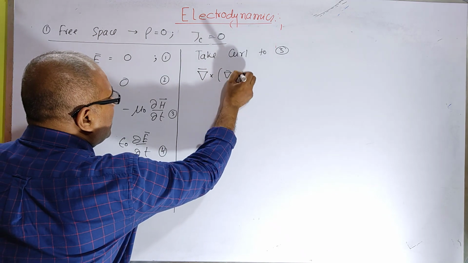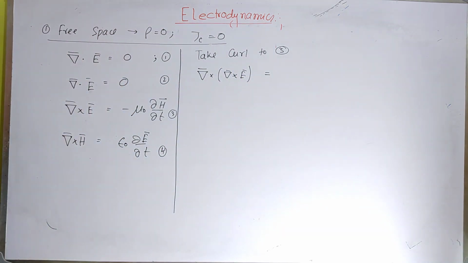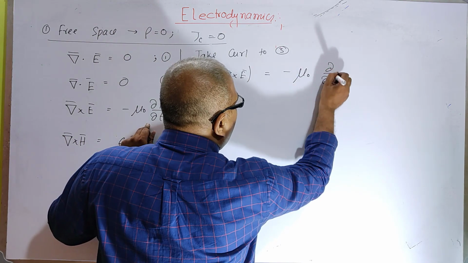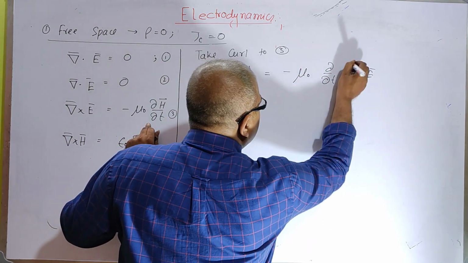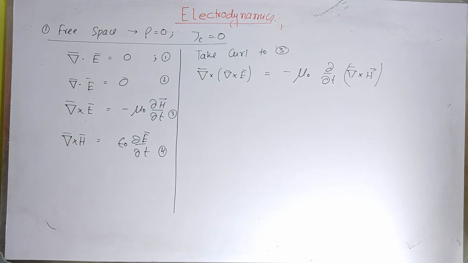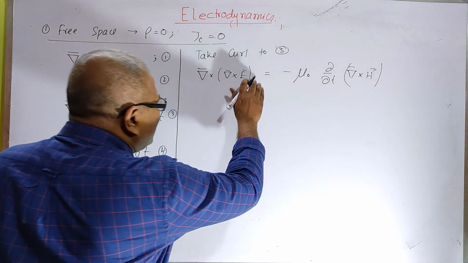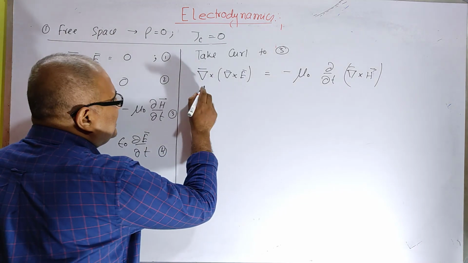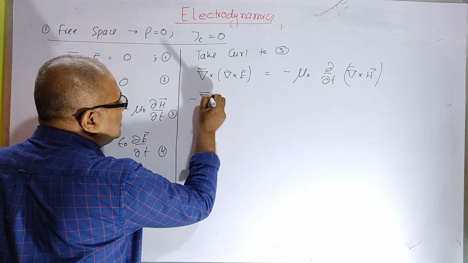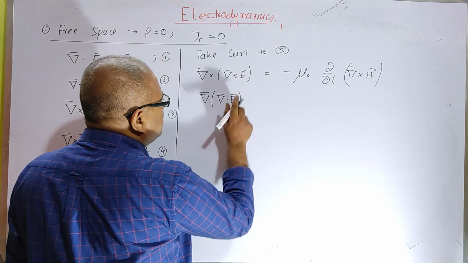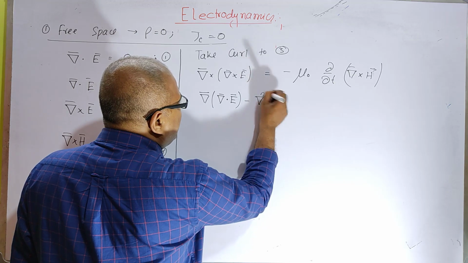So you have curl of curl of E, that is minus, don't ask me why, I have interchanged these time and space operators. I have already explained this. So taking curl gives equation 3 a peculiar form, although we know the vector identity here, and that will give you minus grad of divergence of E minus del square E here.